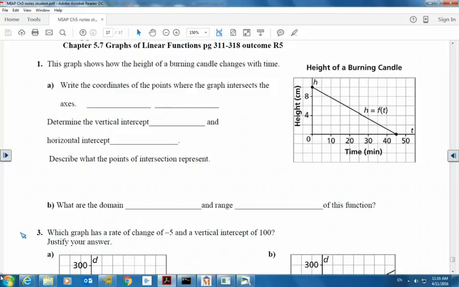So let's look at this graph right here. And what do we notice about the height of the candle when we start our time? When we first light it, it is a height of 10 centimeters. Okay, so this is 10 centimeters.